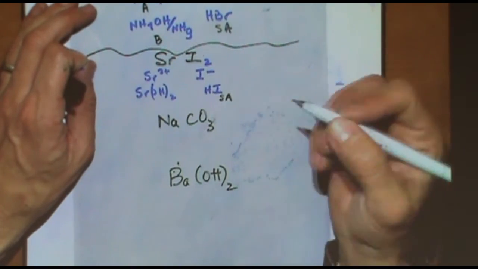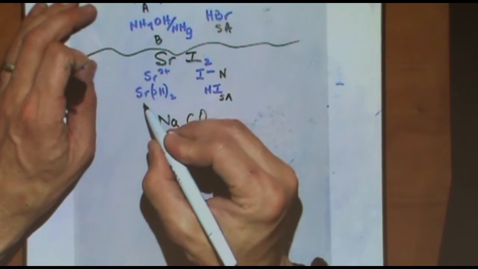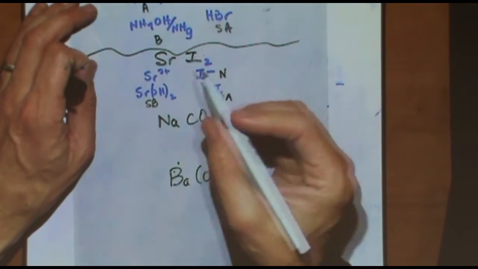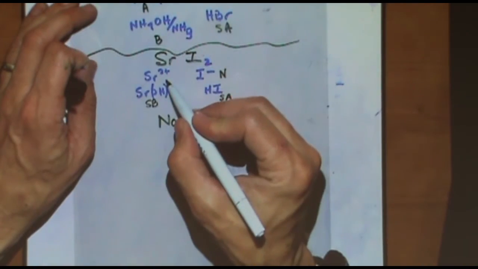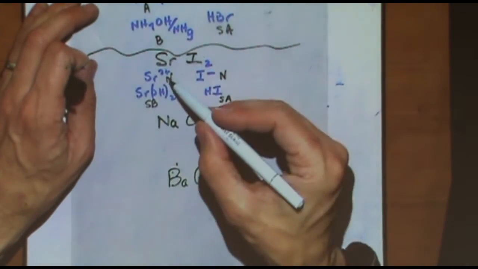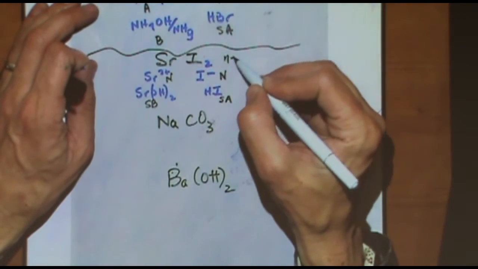Specifically, it's an acid, but it's a strong acid. That means its conjugate is neutral. Strontium hydroxide is a strong base, so its conjugate, strontium 2 plus, is neutral, because any conjugate of a strong is neutral. A neutral plus a neutral, this is just neutral.